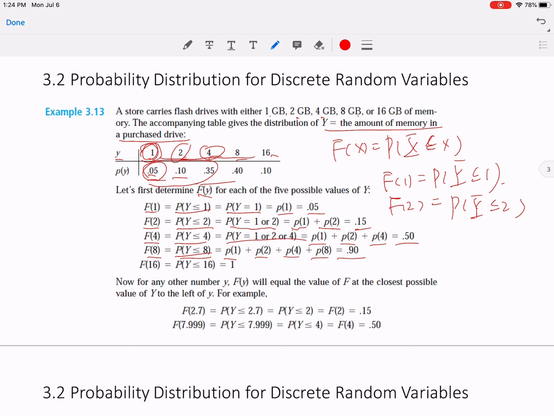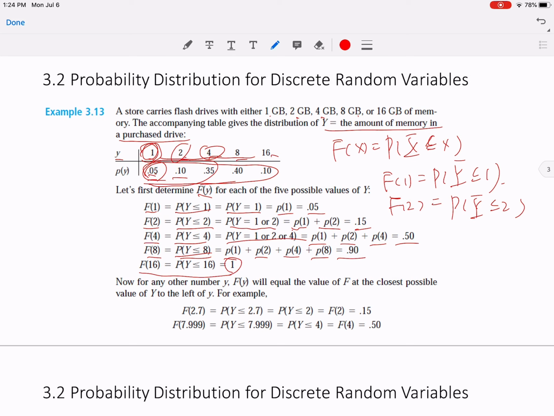And then the next value is 16. So f of 16 based on the definition is equal to the probability of y is less than or equal to 16. Of course, if you want to find this probability, you can just add all those probabilities together. Since it's a probability distribution, the sum of all probabilities is always equal to 1. So we get this probability is 1.